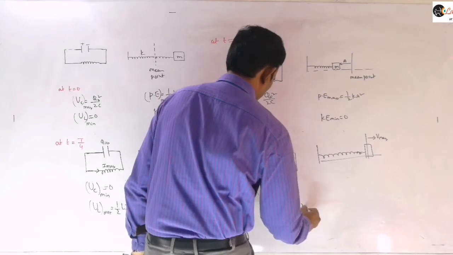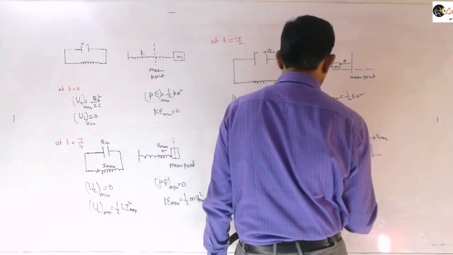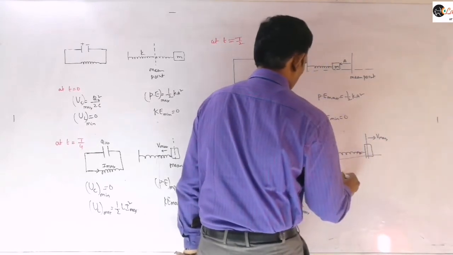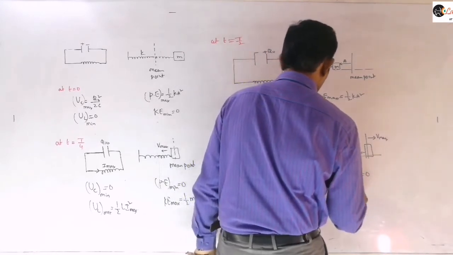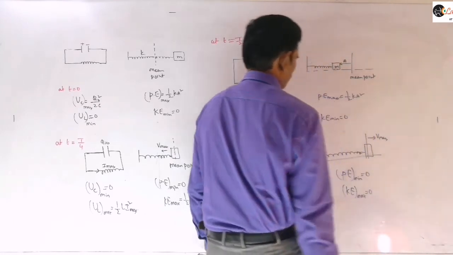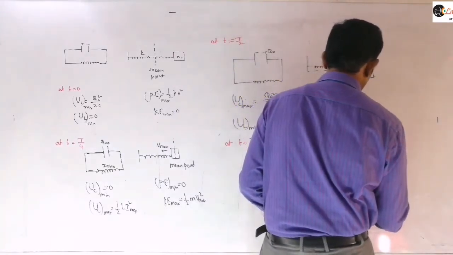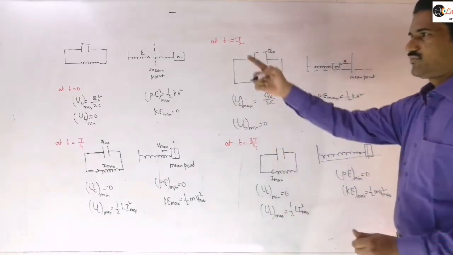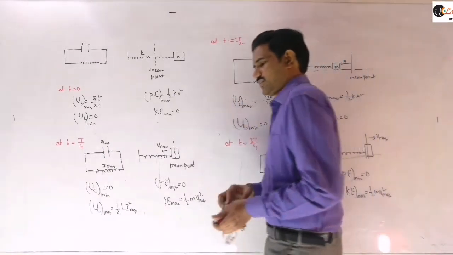The potential energy is minimum again, and the kinetic energy is maximum, the maximum value being half m v square. Then at t equal to T, you will get the first situation again. That means the cycle is completed.